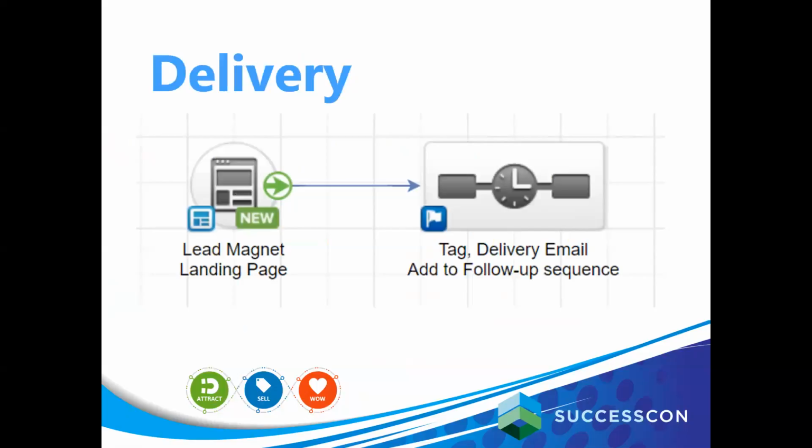Or if it's hosted on like Google Drive or Amazon S3 or Dropbox, or hosted on your website, wherever that is, you would deliver that to them and then go ahead and add your follow-up sequence in there as well.